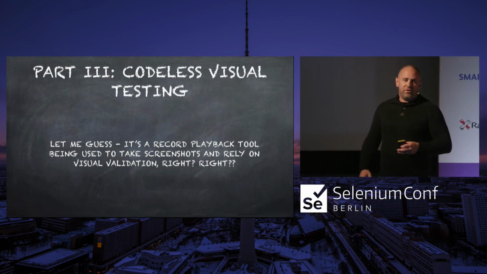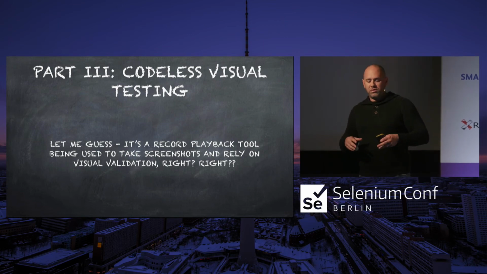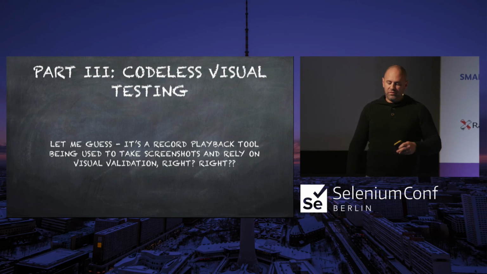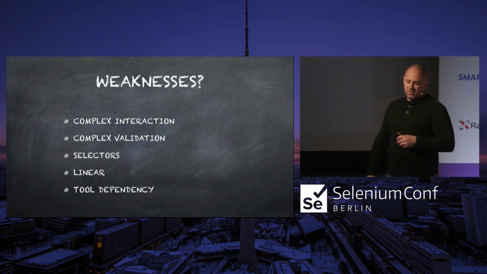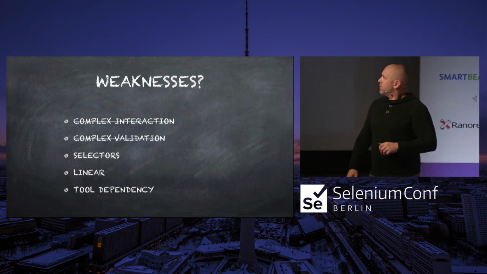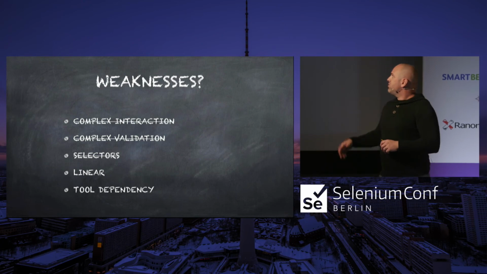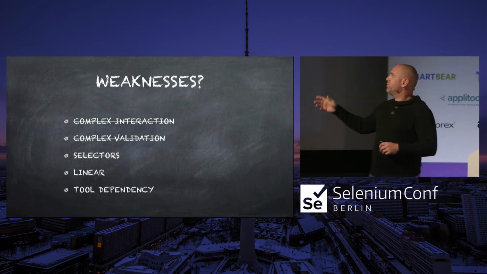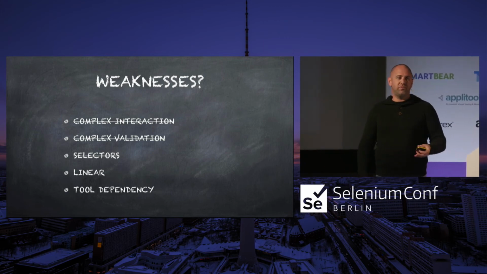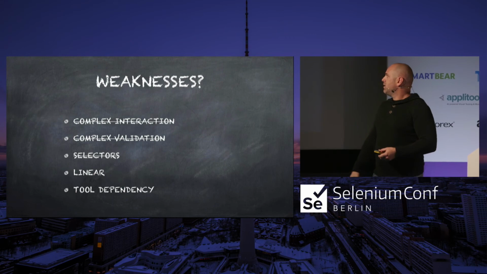Now we reach part 3, where you look at what we get out of combining the two, codeless testing and visual testing. Let's recall what were the weak points of record playback tools. So now that we add the visual validation, we see that we need much simpler interaction and simple validation, because the visual validation replaces it.